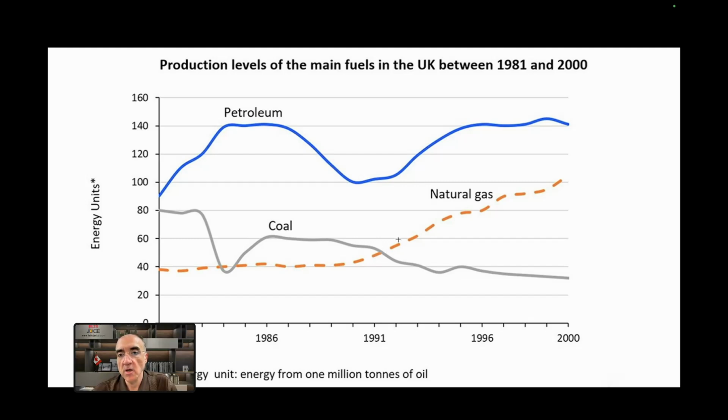But from that point on, natural gas continued to rise while coal, well, kept declining, kept going down. And then you can say, yeah, natural gas reached this and coal reached this energy unit numbers. So this would have been a comparison made by a candidate who knows which elements to compare.